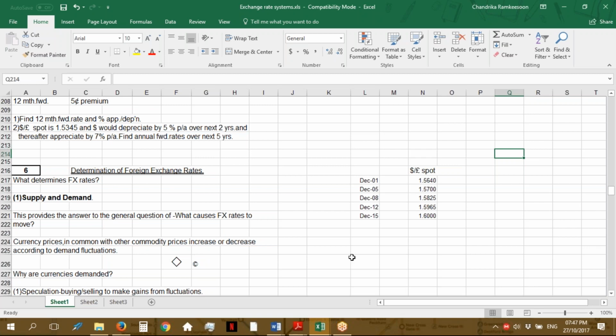Generally, with a floating rate currency, a floating exchange rate, and that is what we've been looking at all the while, the daily movements would be as a result of demand and supply. Those of you who did economics would have been taught that one advantage with a floating rate system is that the rate would find its own equilibrium.